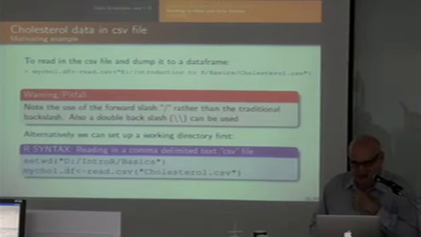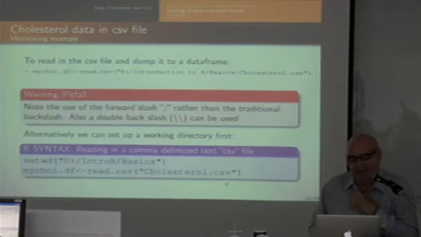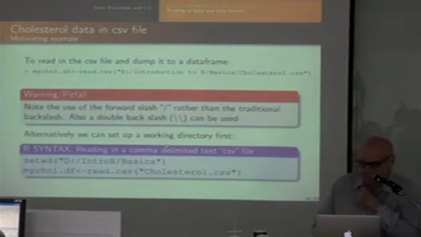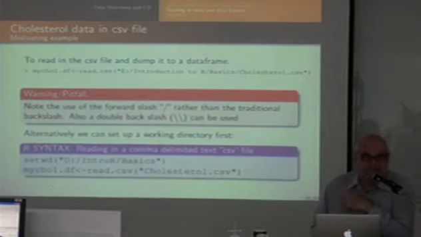So D, intro to R, basics, and then I will read my data in. So mycol.df, read cholesterol.csv. Okay, so that's how I do it. And that's an important command, because you're almost always going to use that.